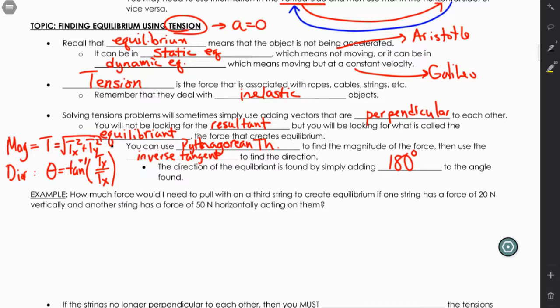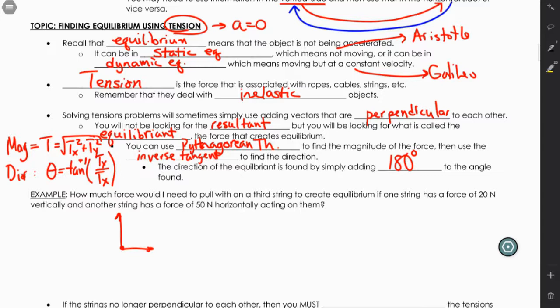How much force would I need to pull with on a third string to create equilibrium if one string has a force of 20 newtons vertically and another string has a force of 50 newtons horizontally acting on it? So I've got these three strings tied together, and I need to find where I'm going to put that third string and how much force I'm going to pull with so that I can create equilibrium.